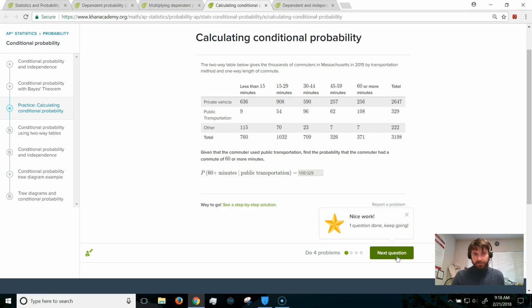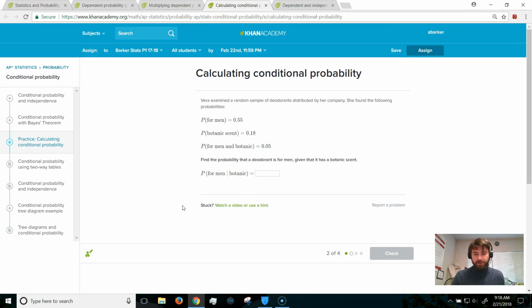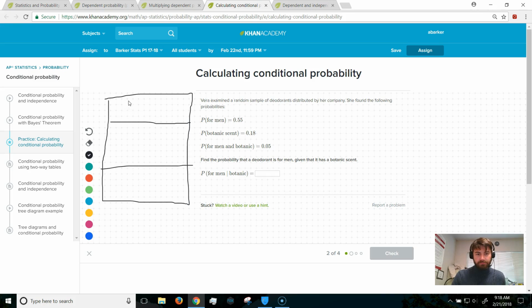Okay. So there's this one. It looks a little bit different. Now this one, I'm actually going to create a table like I've done in the past, just for visualization. It's going to be a 3x3 grid, 3 rows and 3 columns. And then the probability for men, I'm just going to put M for men. Oops, I made it too high.